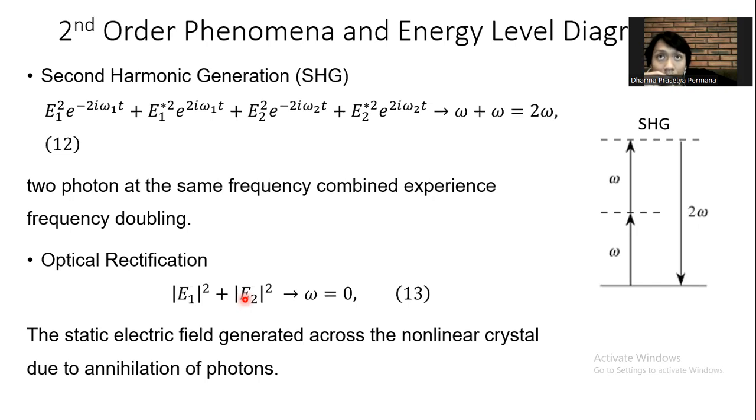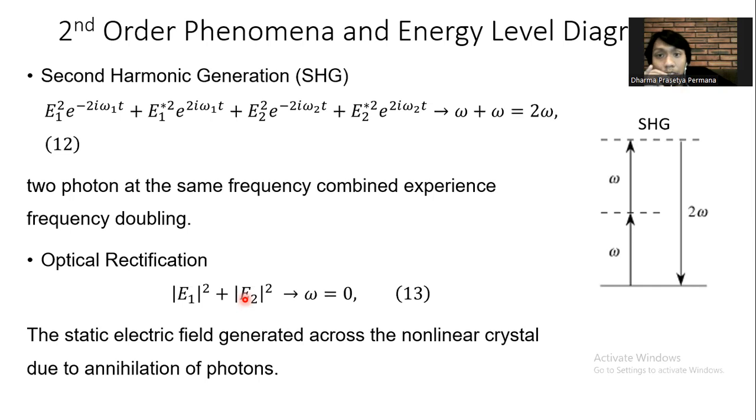There will be some kind of error, like the generated photons will have lower power compared to the initial photon, although they have higher energy. The generated photon will have lower intensity compared to the initial laser that we use, although it will have a higher frequency.